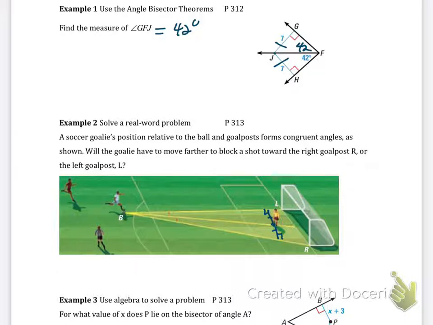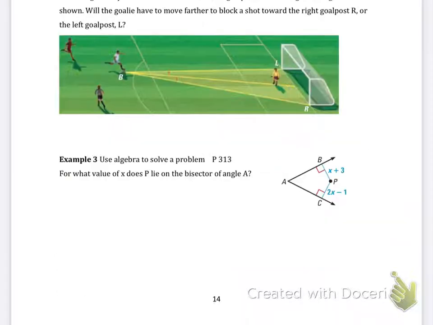Will the goalie have to move farther to block a shot toward the right goalpost R or the left goalpost L? So the answer is no. It's the same exact distance. And we know that because he is standing on the angle bisector of angle B. Okay, we have one more problem to do. We'll do that on the next page.